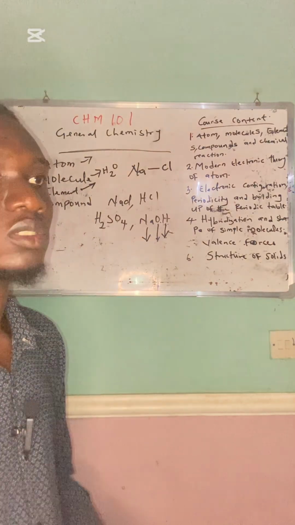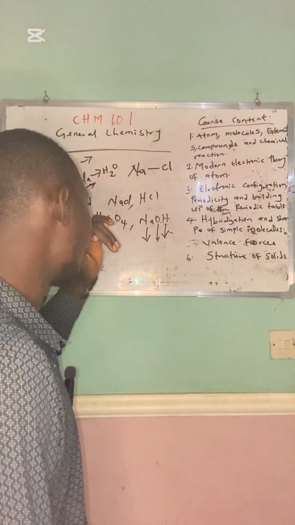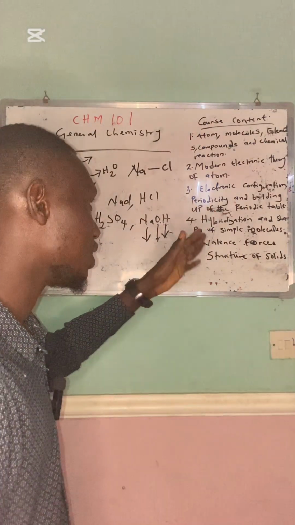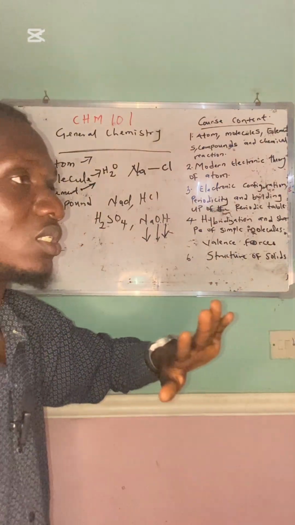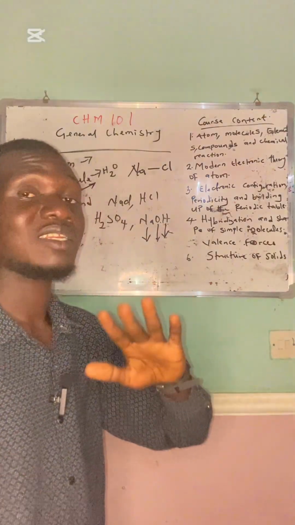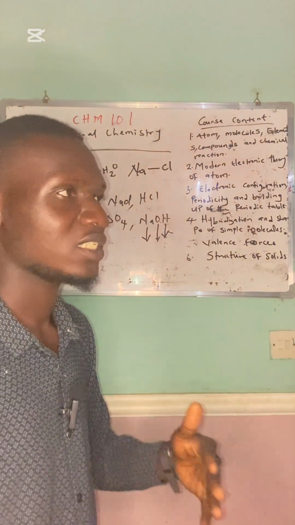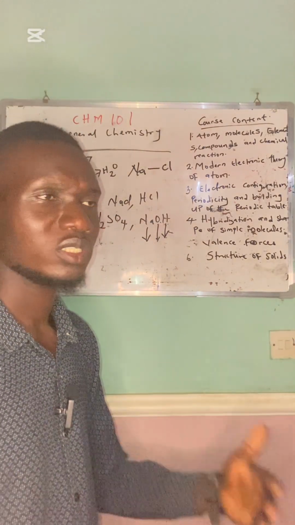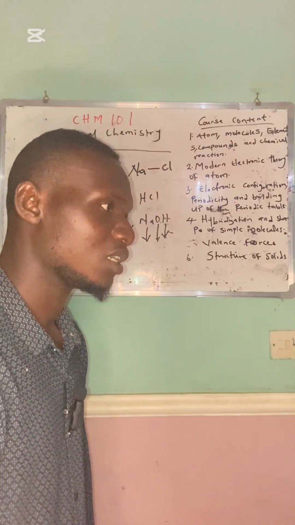It is informed by the behavior of the atoms, because in the periodic table we said atoms and elements exist, and they can exist as electropositive or electronegative elements.